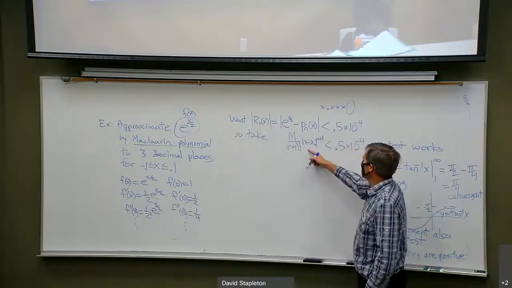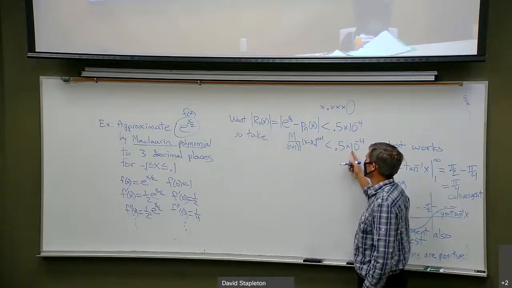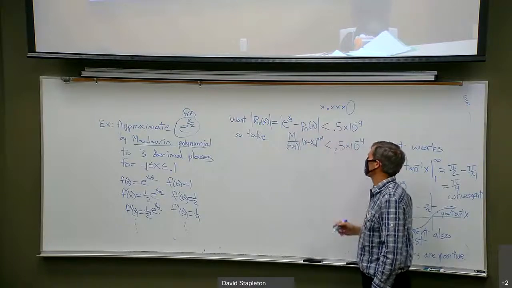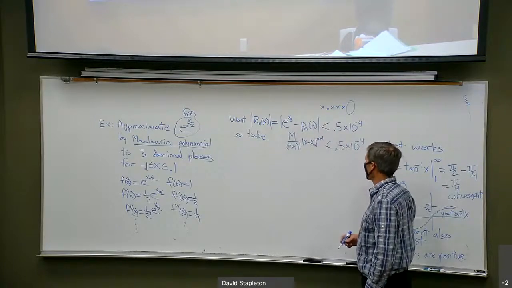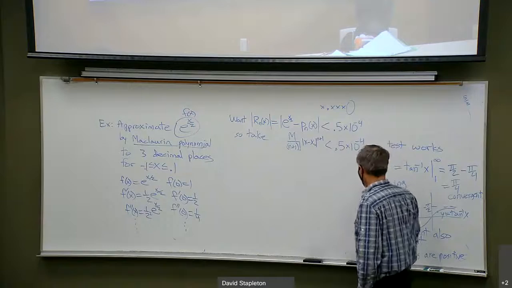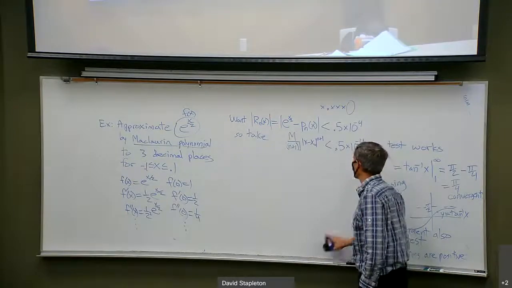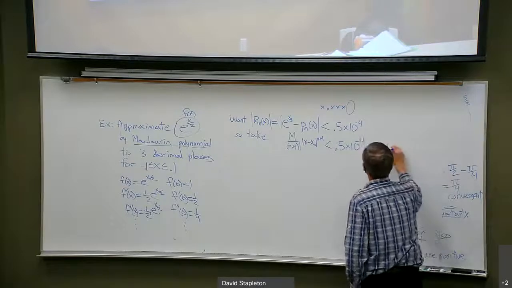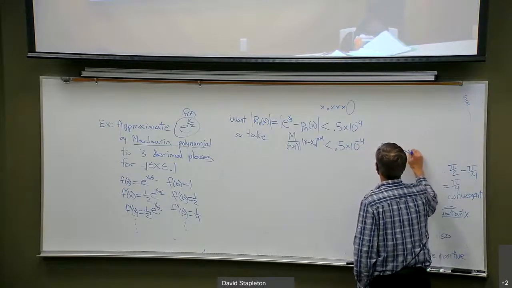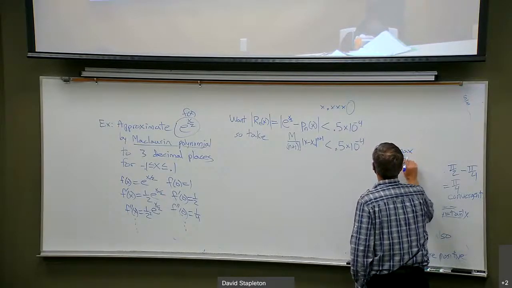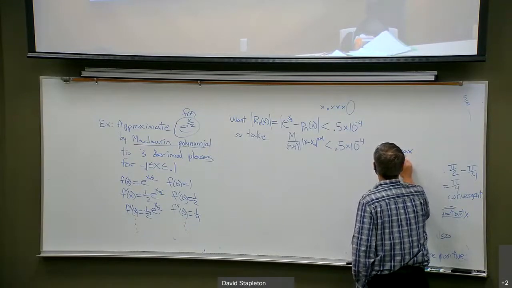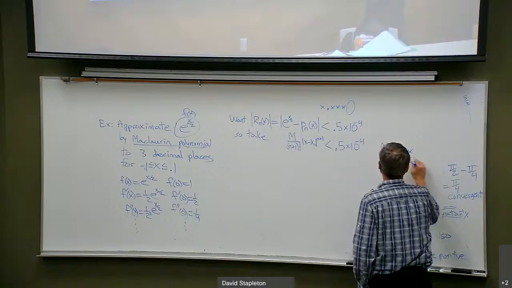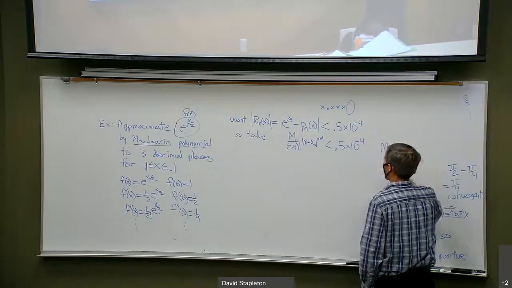So if we can make this less than 0.5 times 10 to the minus 4, then it will follow that this is also, using the remainder theorem, where M is the maximum of the n plus first derivative over all c between minus 0.1 and 0.1, the interval we're interested in.